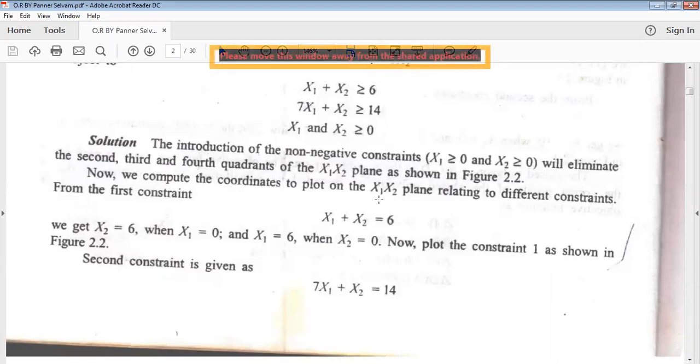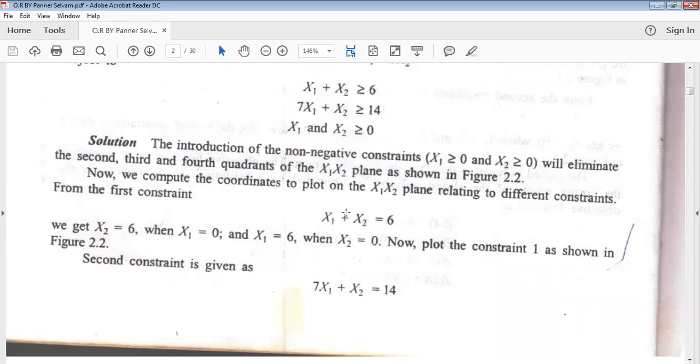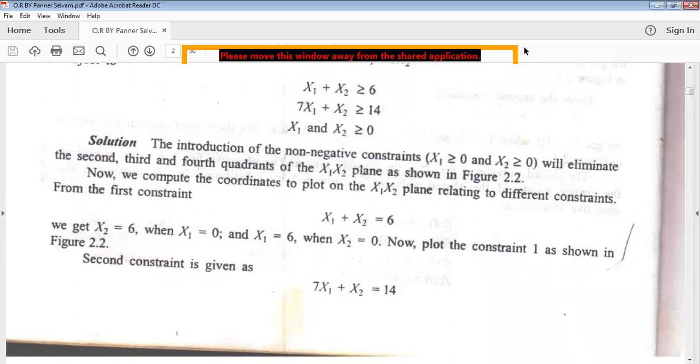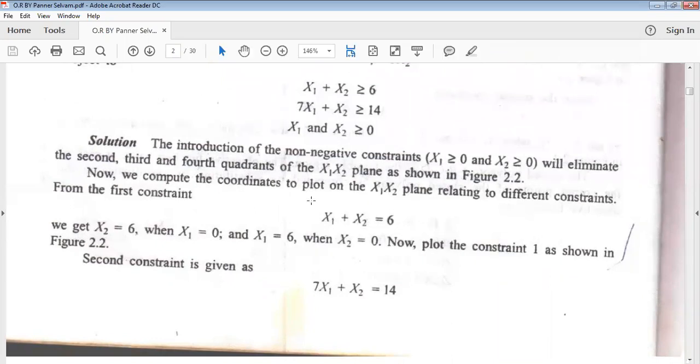Now we compute the coordinates to plot on the x1 and x2 plane relating to the different constraints. From the first constraint, x1 plus x2 is equal to 6.